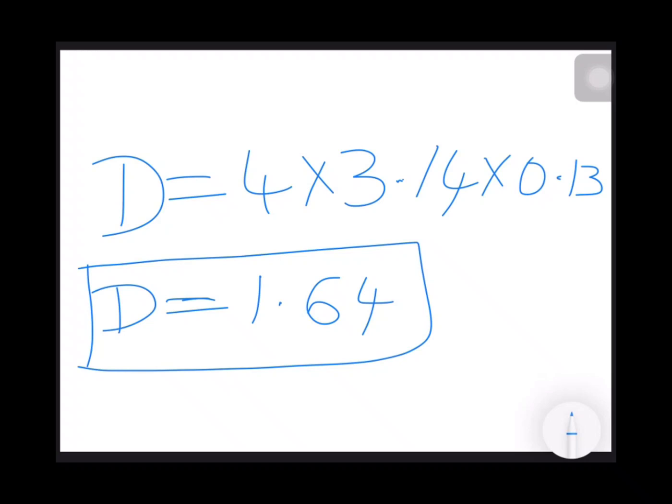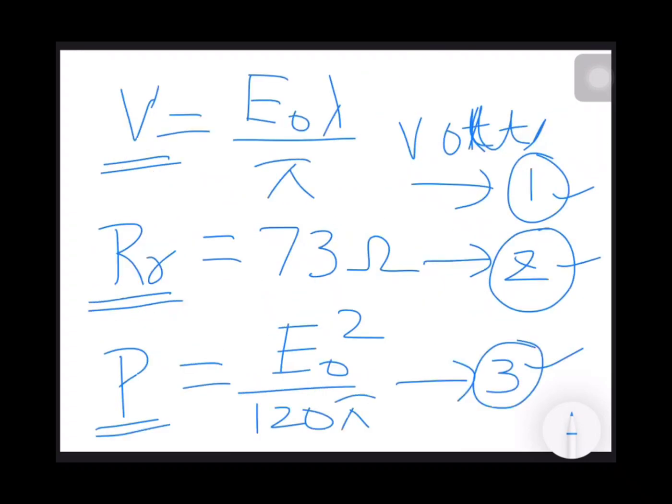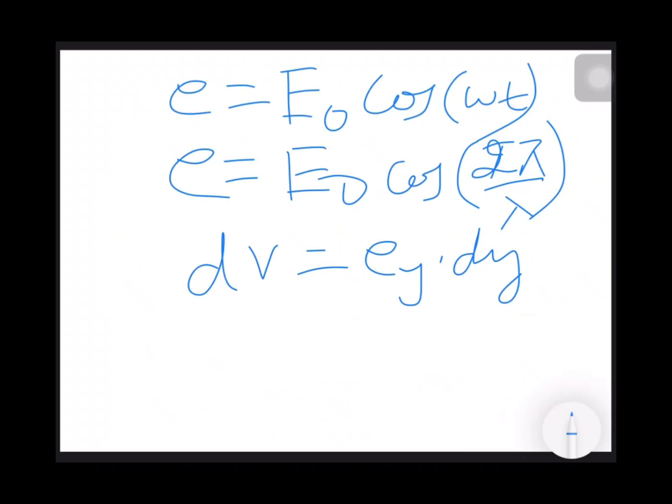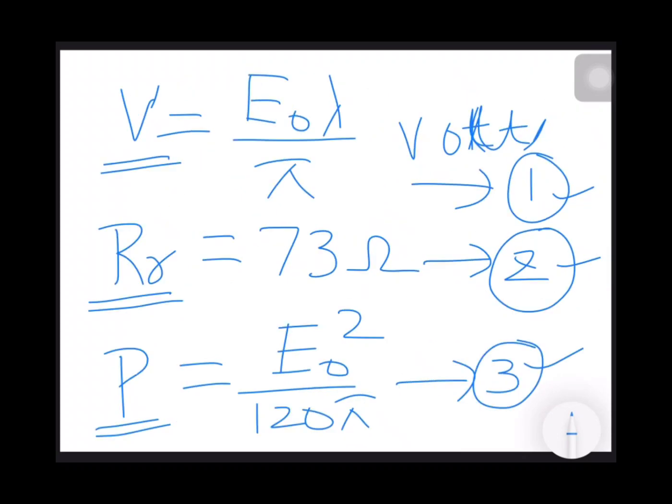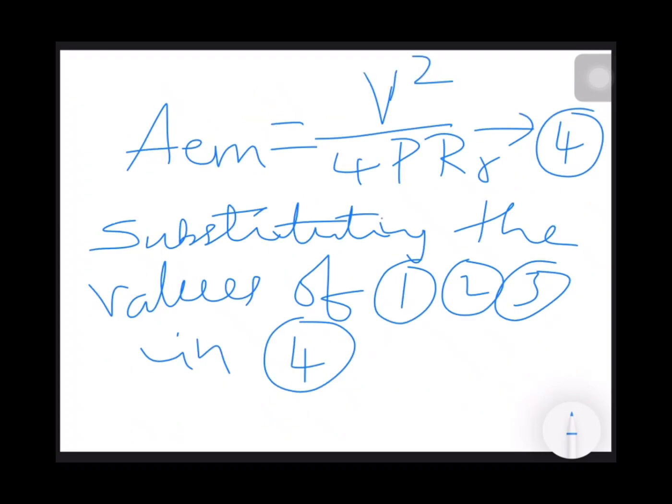So the diagram has to be drawn, it has to be explained briefly, and write the equations for V, write the expressions for radiation resistance and power, and the substitution steps have to be shown in detail.